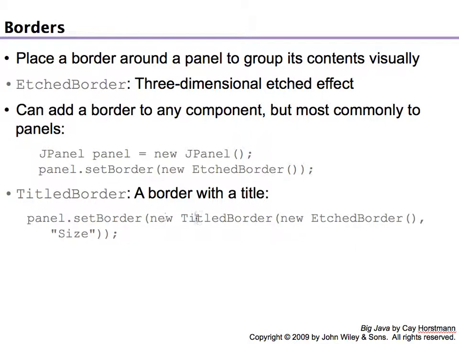If you don't feel comfortable using those anonymous objects, then you can just add another assignment line, similar to saying JPanel panel equal new JPanel. You say EtchedBorder, you give it whatever name, maybe sizeBorder equal new EtchedBorder, and then you say TitledBorder something equal new TitledBorder of the etched border and the size.